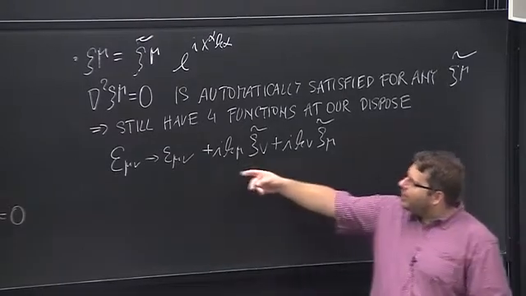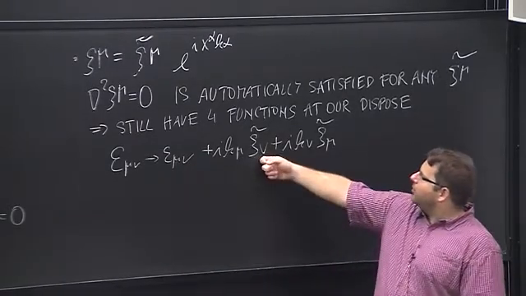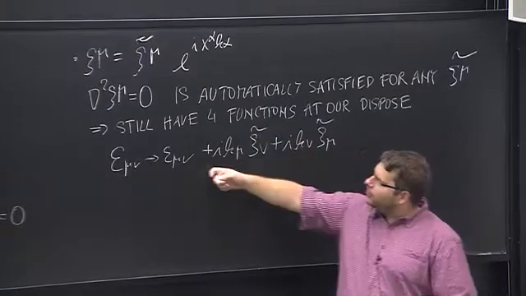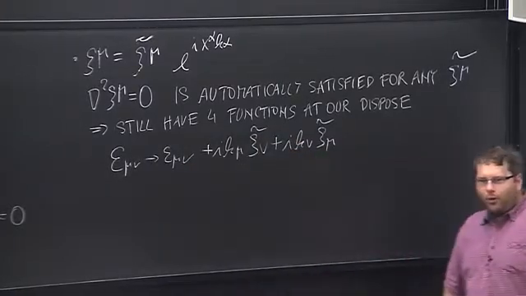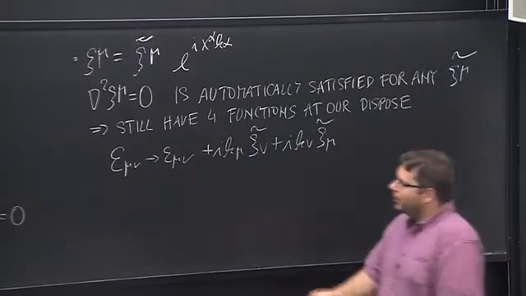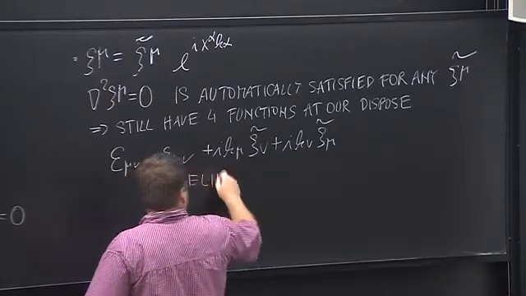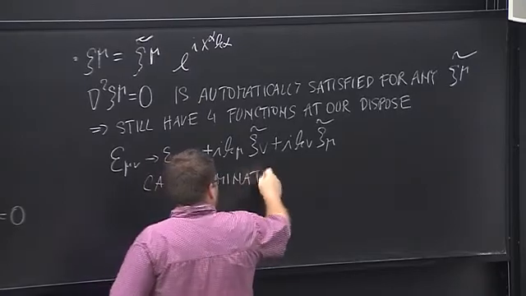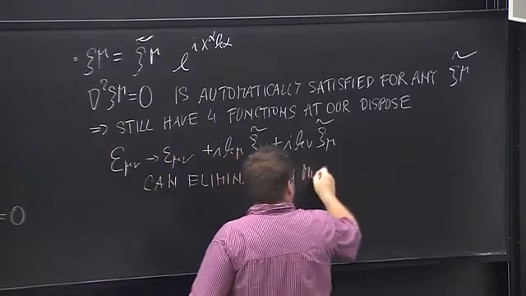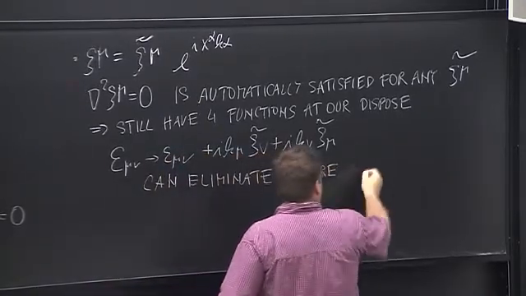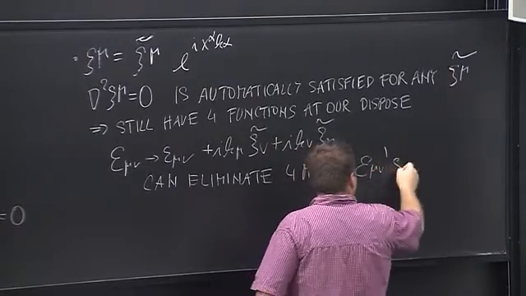And of course, I can arrange that I choose these ψ̃'s so that I can eliminate 4 more ε_{μν}'s.